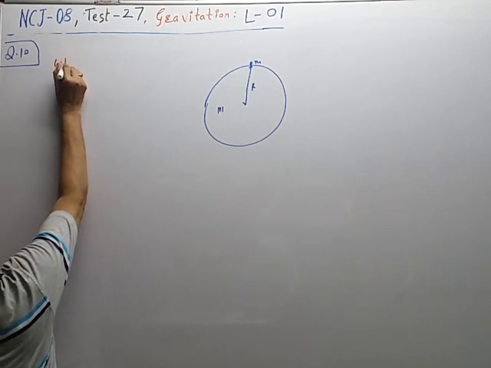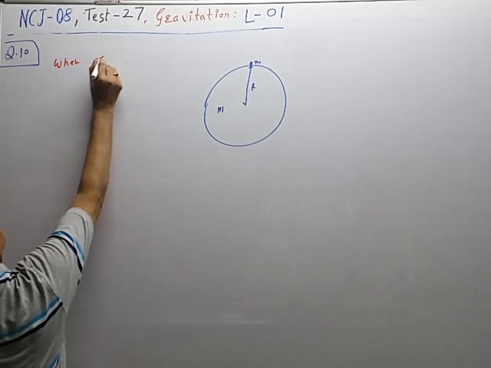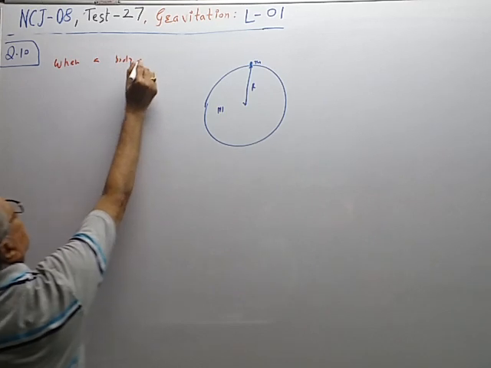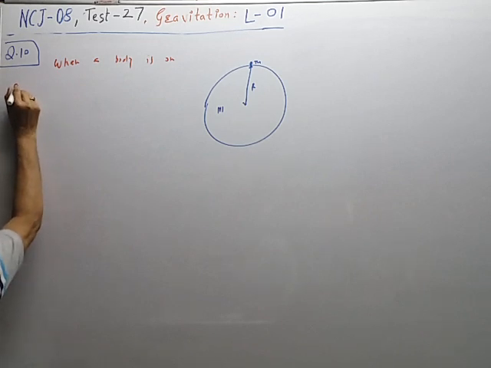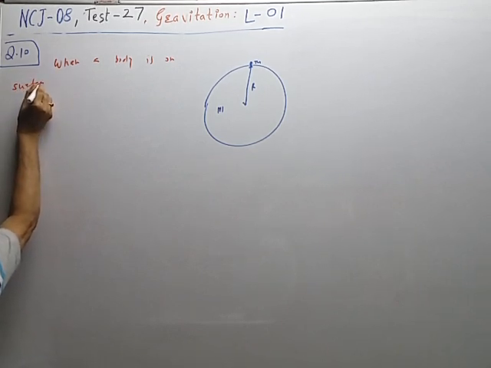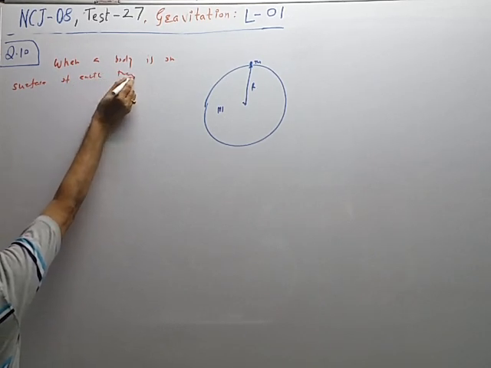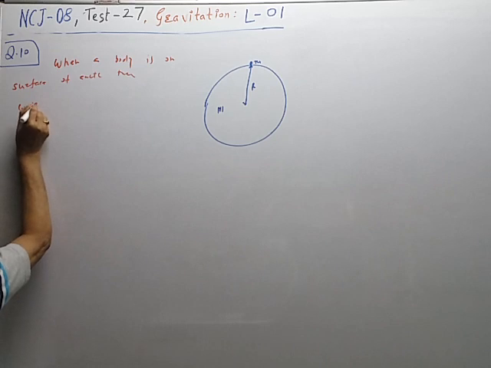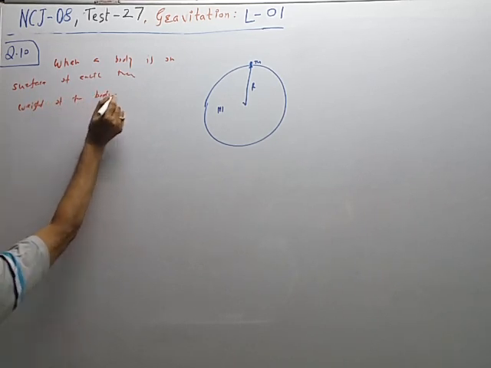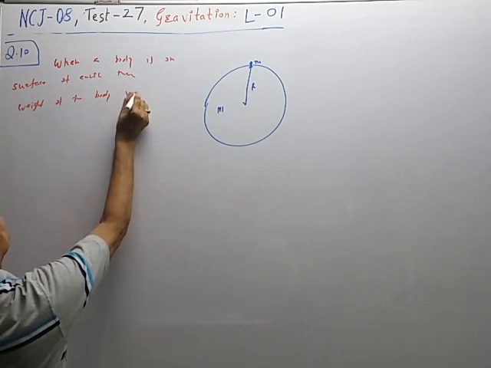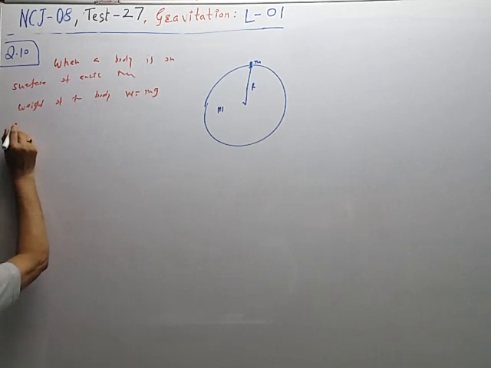When a body is on surface of earth, then weight of the body W is equal to m into g is equal to Fg.